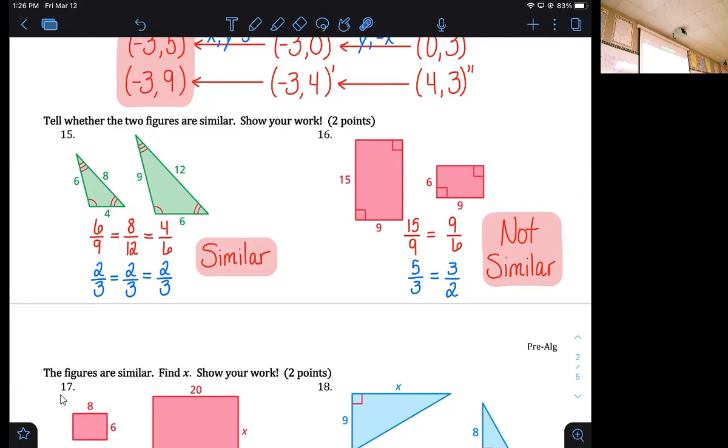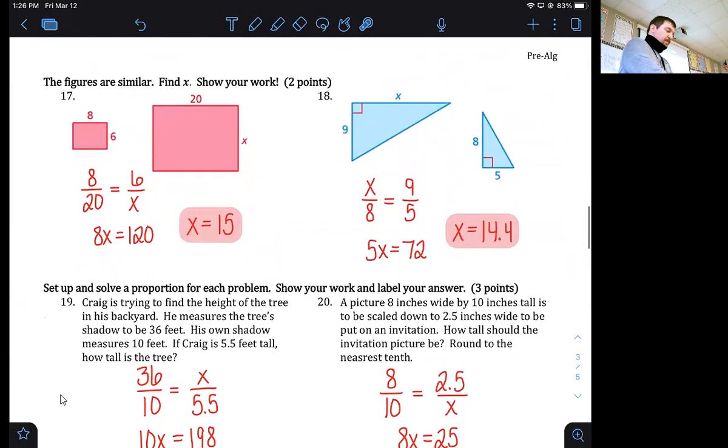But for number 16, yeah, I got the right answer, but I technically did it wrong because I put 15 over 6 instead of 15 over 9. Oh, you're right. I skipped over it. I was apparently grading it too fast and didn't catch it. I appreciate your honesty, though, so I'm not going to penalize you.